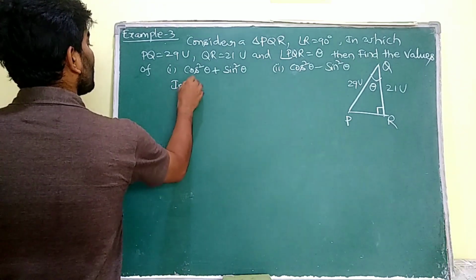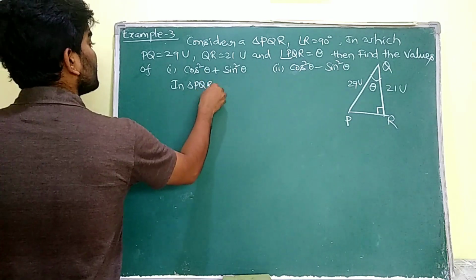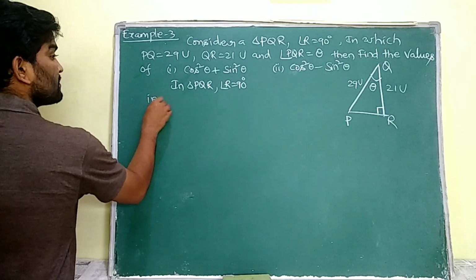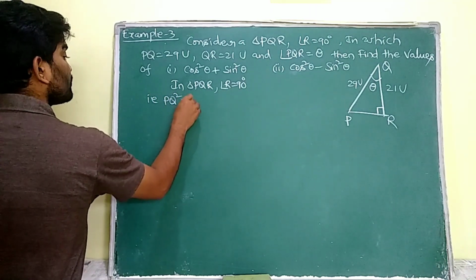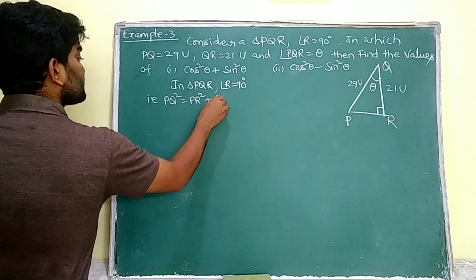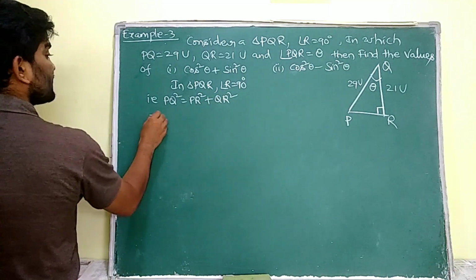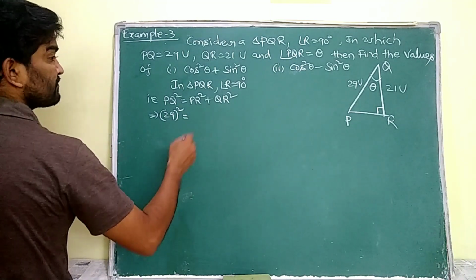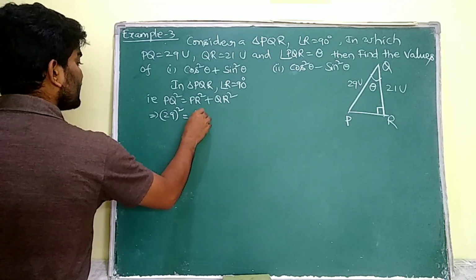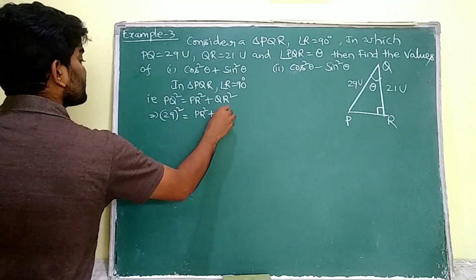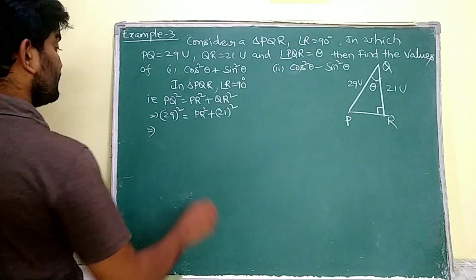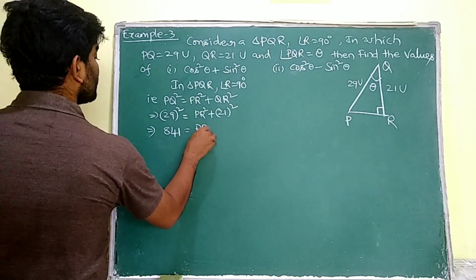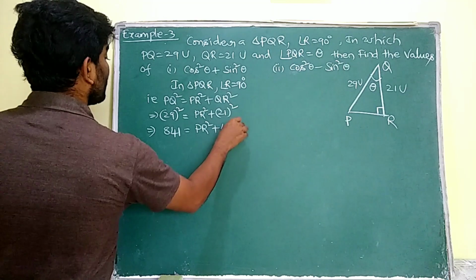In triangle PQR, angle R is equal to 90 degrees. That is PQ square is equal to PR square plus QR square. That is PQ means 29 whole square, PR square means PR square only, and QR square means 21 whole square. 29 square means 841 is equal to PR square plus 441.